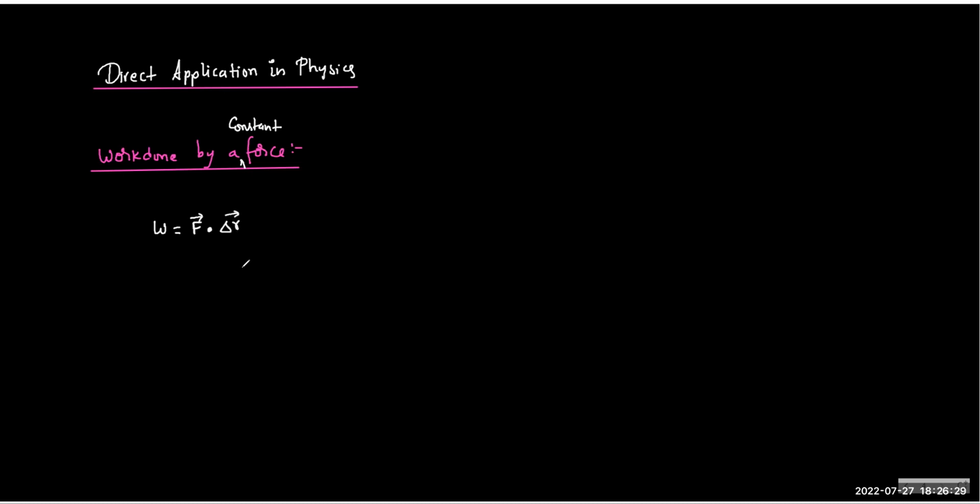And how do we represent the displacement? The symbol delta r. What is r? If you remember, r is called the position vector, and delta r is called the change in position vector. Very good.